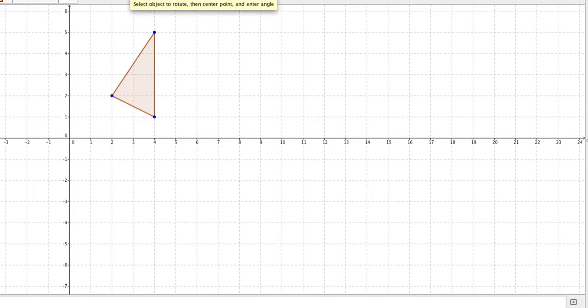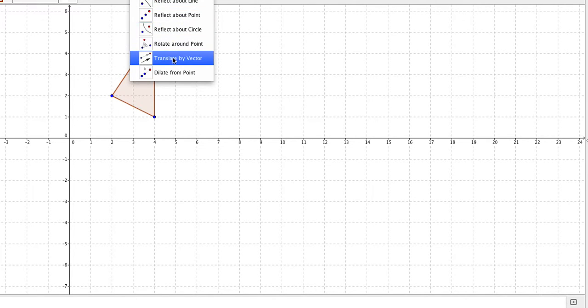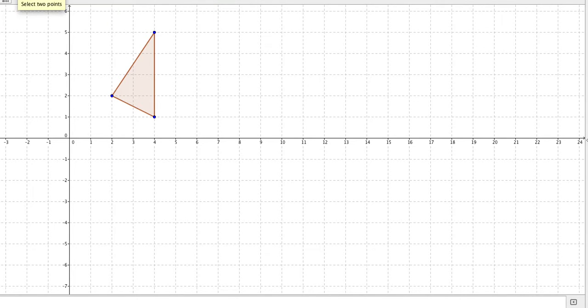Okay, and you want to reflect it over a line, and we create our line. Let's say we want to reflect it over this line right here.